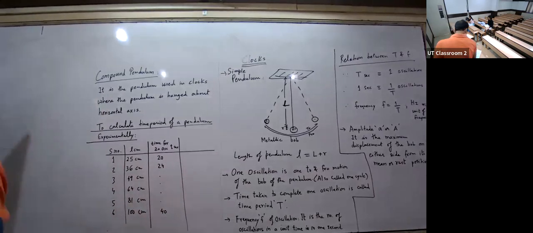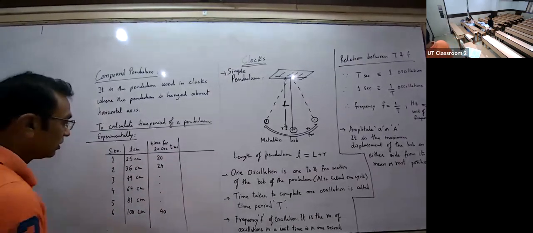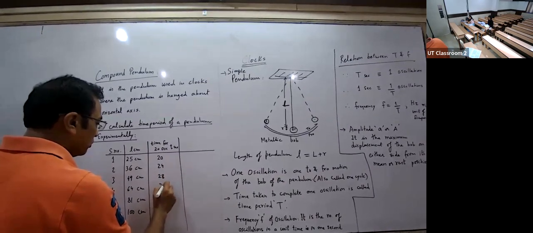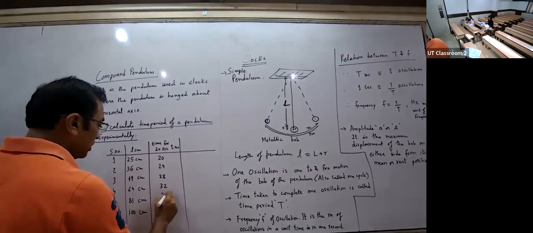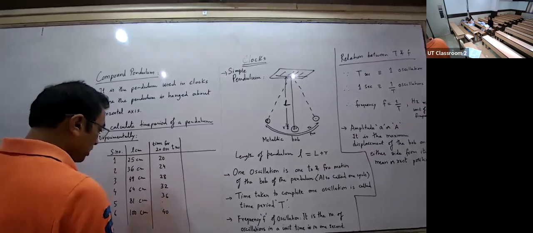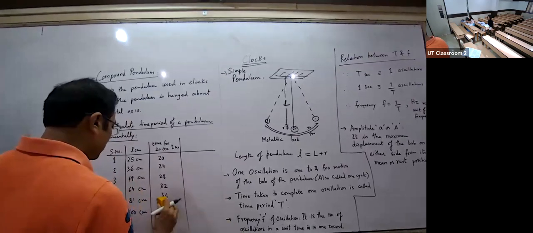So is it increasing by 4? 28, plus 4, 32, plus 4, 36, and next plus 4 is 40.